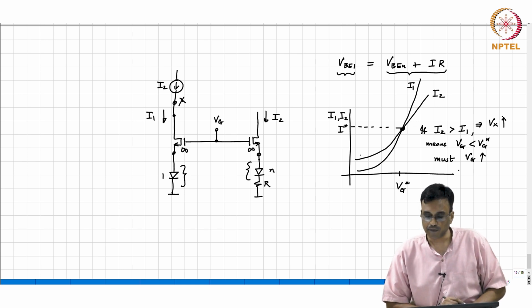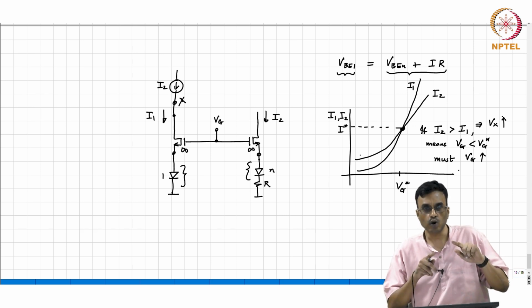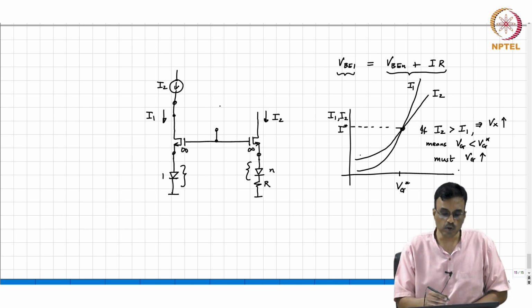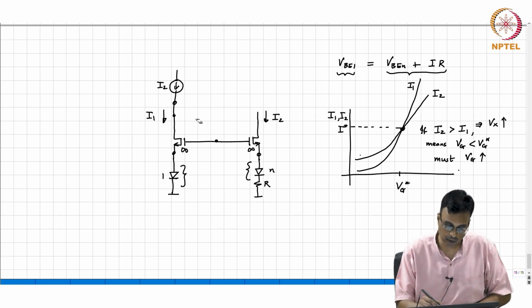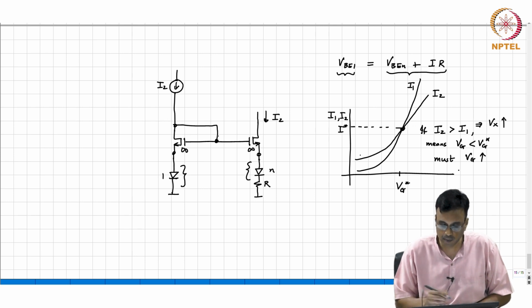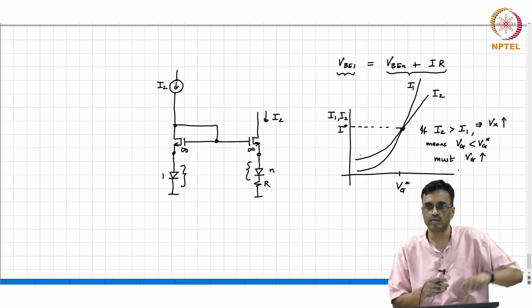So if Vx goes up, Vg must go up. So basically what must we do? Connect it this way, okay, fine. Now the only problem is, I have I2 here on the right side, how do I make a copy?